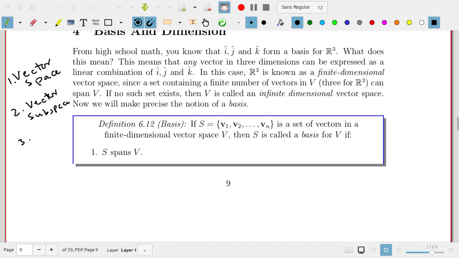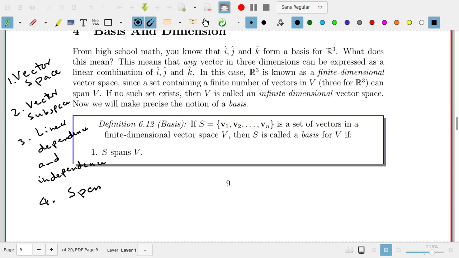And we saw what linear dependence and independence were, and we looked at the idea of span.